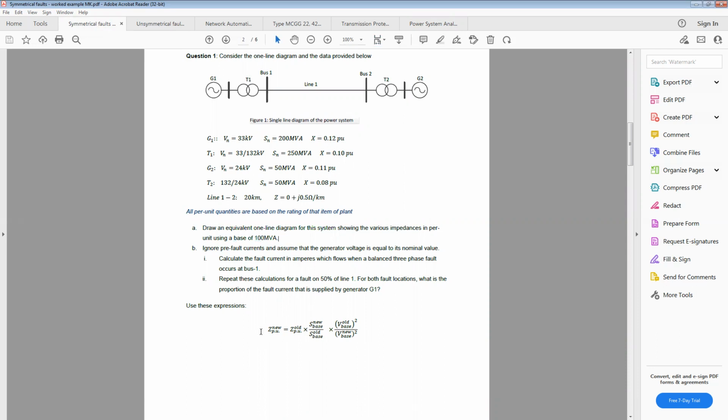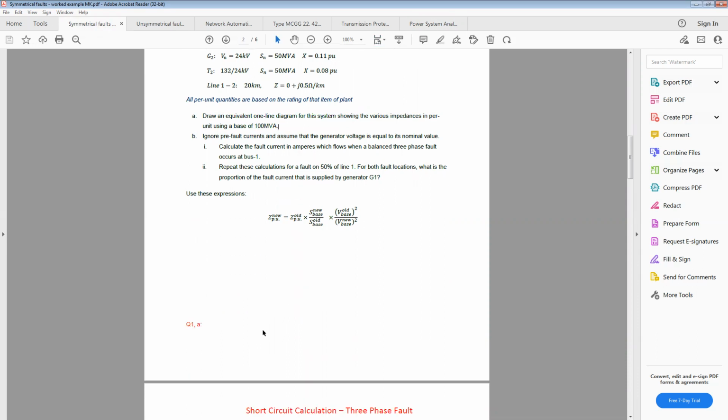To do this, we can use the formula to find the new impedance, Z new per unit, equals Z per unit times S new base divided by S old base times V old over V new, or the voltage squared.